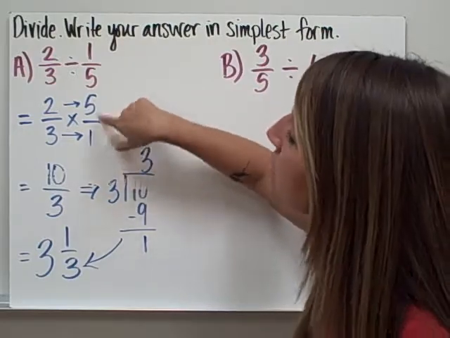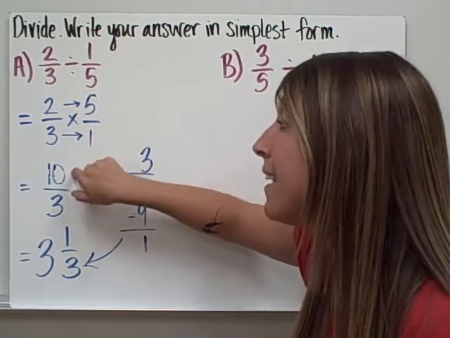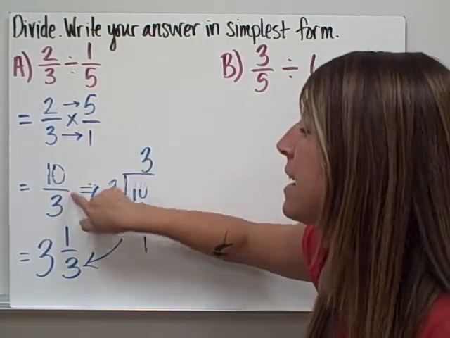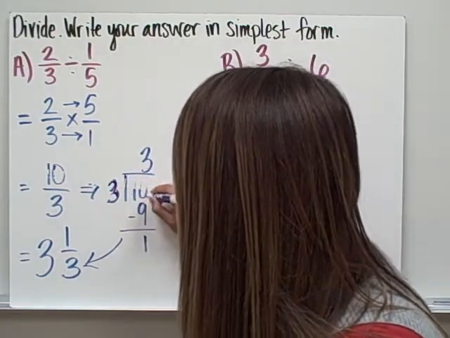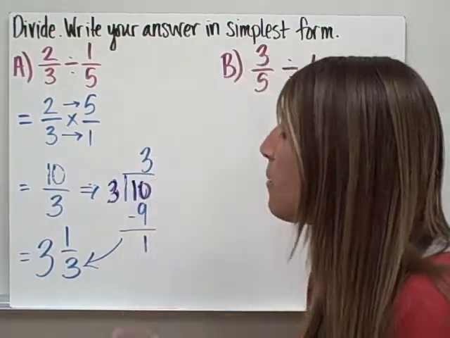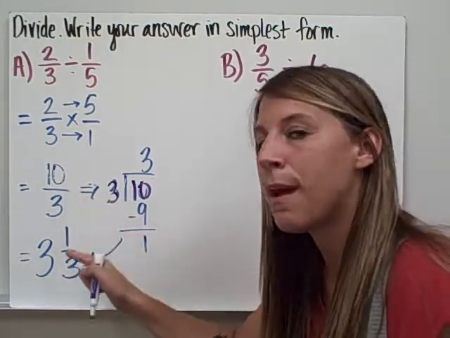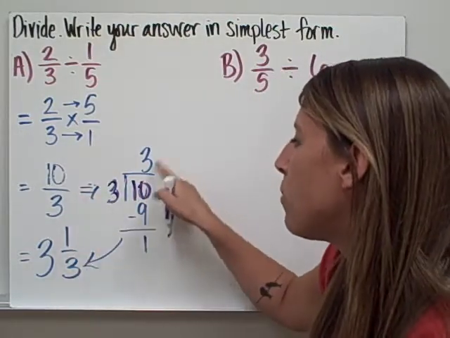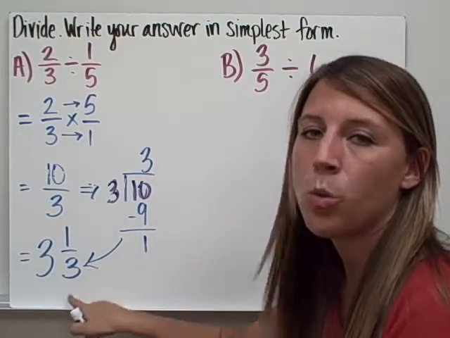So when I change this to multiplication, I'm going to multiply 2 times 5, which is 10, and 3 times 1, which is 3. This gives me 10/3, and 10/3 is simplified, but I might want to change it to a mixed number, and when I do that, I can think of 10/3 as 10 divided by 3. 3 goes into 10 3 times, 1 left over, so that's 3 and 1/3.